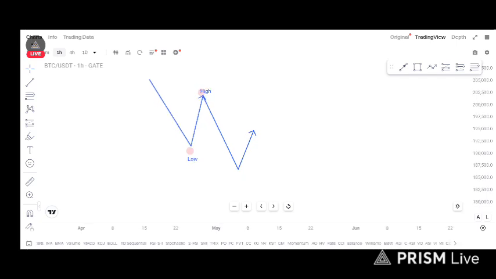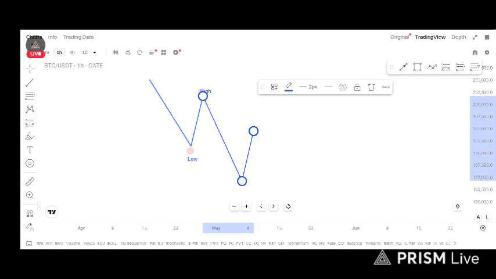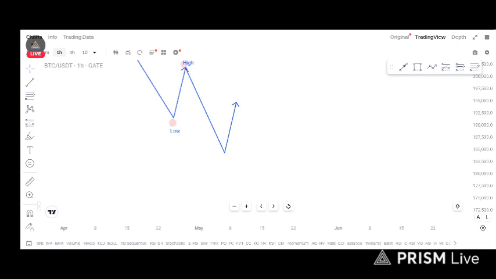Now after the rest we broke this previous low and created a new low. This new low that we created here is lower than this previous low, hence we have the term lower low.